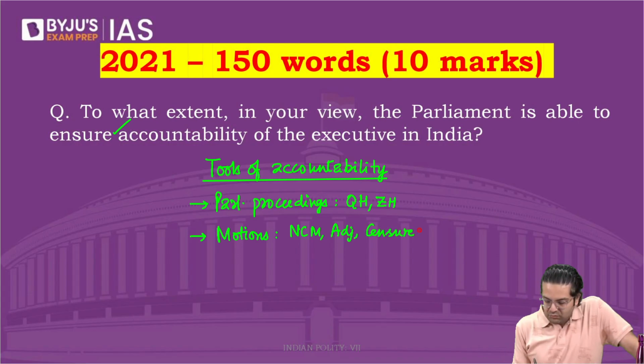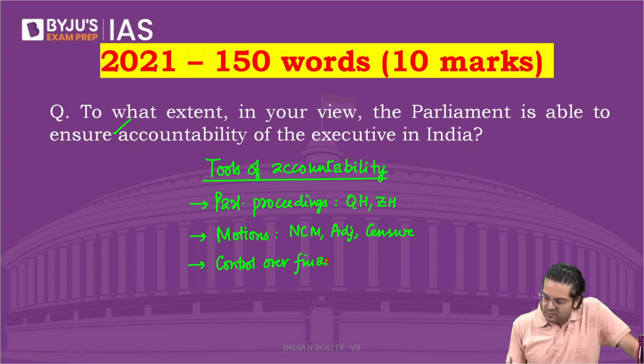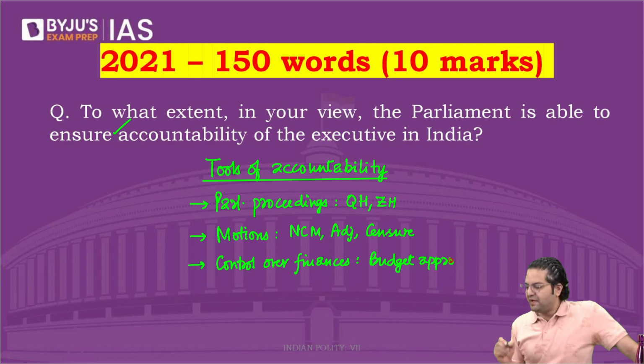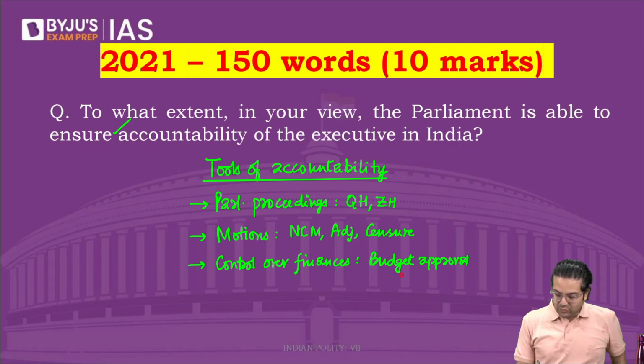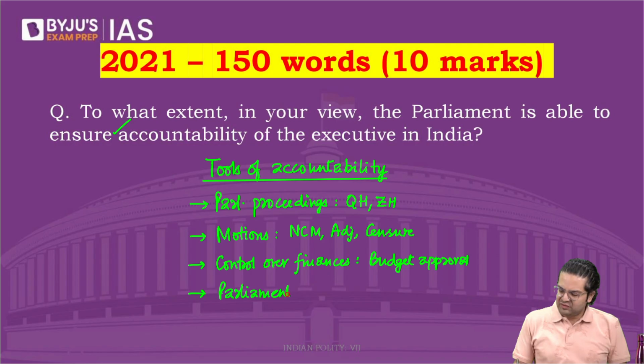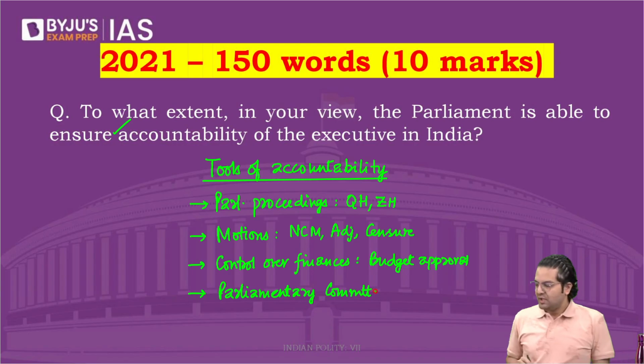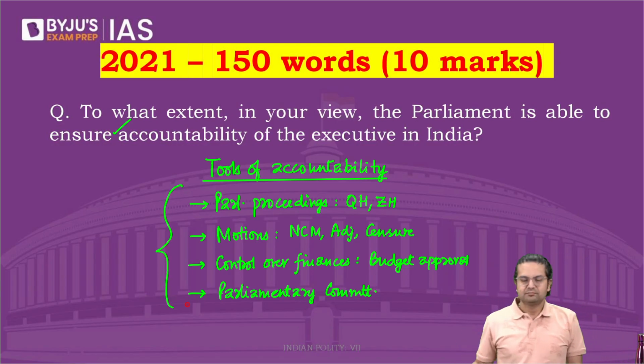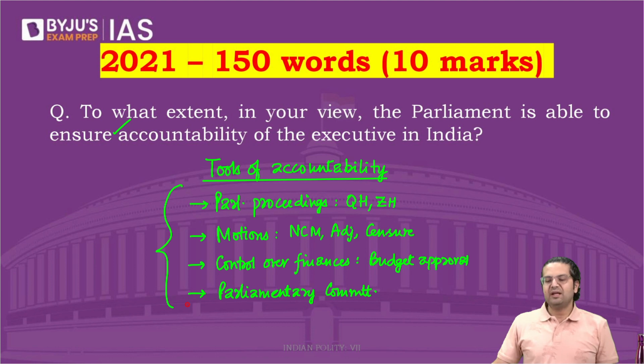Then also control over finances, budget approval, CAG debit, and also parliamentary committees. They prepare reports. We'll discuss this shortly. You'll have a better understanding of this. Parliamentary committees prepare and submit reports which can be used by the MPs.